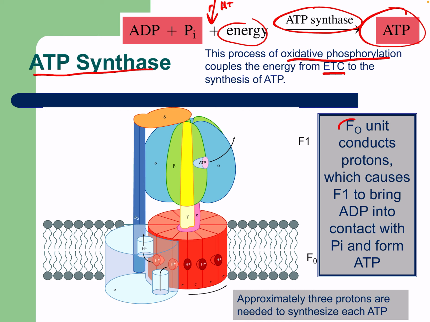So we have our F0 unit, which conducts protons, which causes F1 to bring ADP into contact with inorganic phosphate to form ATP. F1 is essentially the head, and F0 is the transmembrane part. Approximately 3 protons are needed to synthesize each ATP.